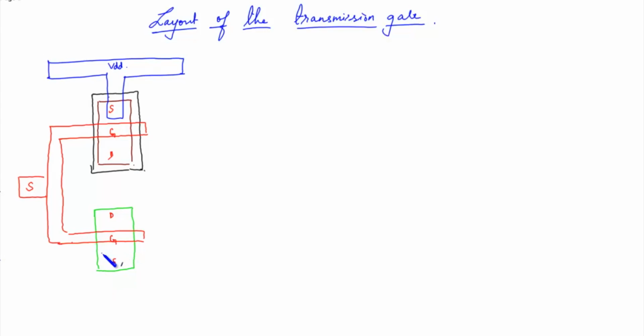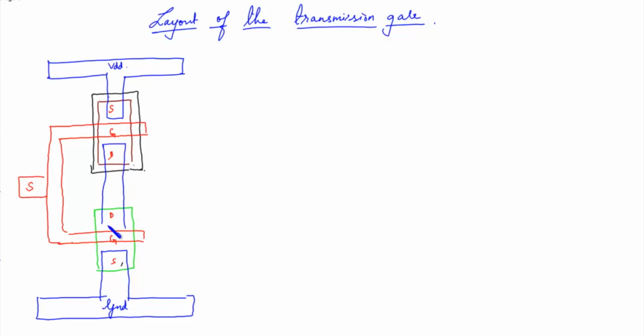Okay, this is ground. Now the drain of PMOS is connected to the drain of NMOS. From here you will get the output, that is S bar.